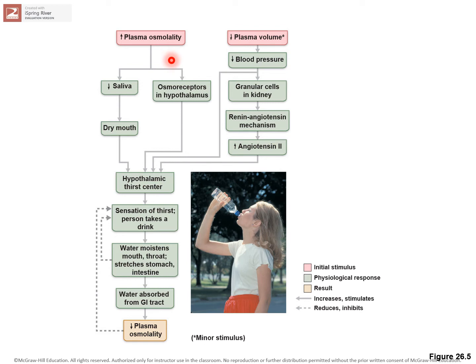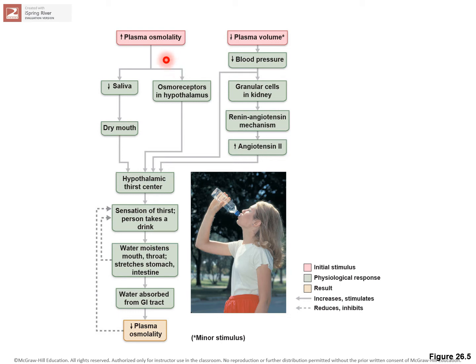In the hypothalamus, we have receptors for monitoring osmolarity. Okay, and as little as 1 to 2% change will activate these receptors, which will trigger mechanisms for gain or loss of water.